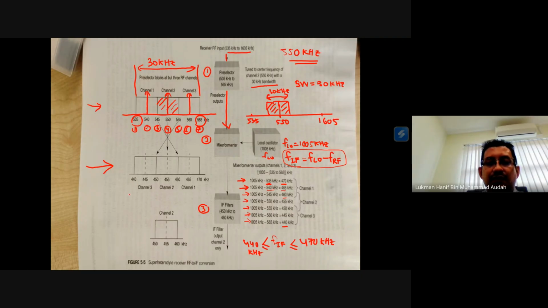Okay, so if you see, this 440 actually comes from number 7 over here, and then number 6 over here, and then number 5 over here, and so on. So this looks like an inversion. It looks like the high frequency becomes the lower frequency.